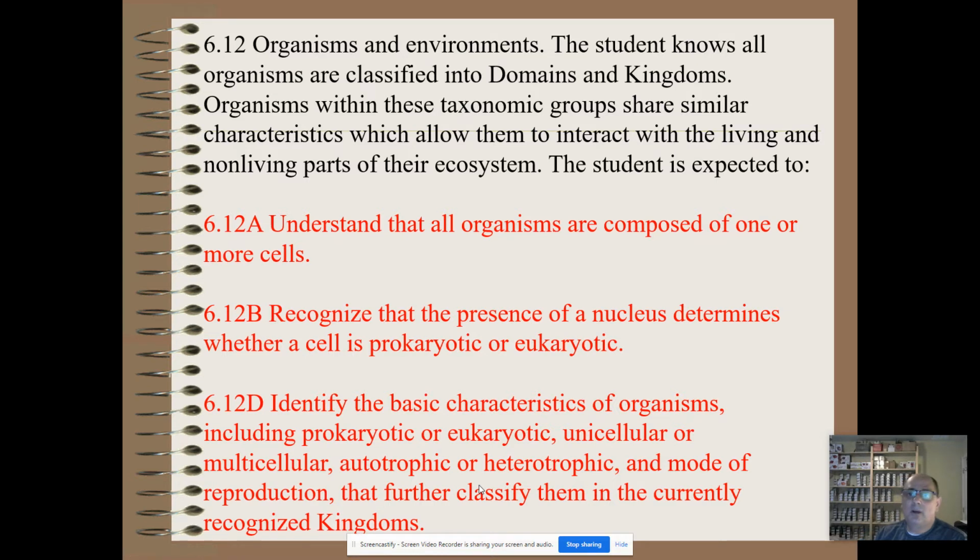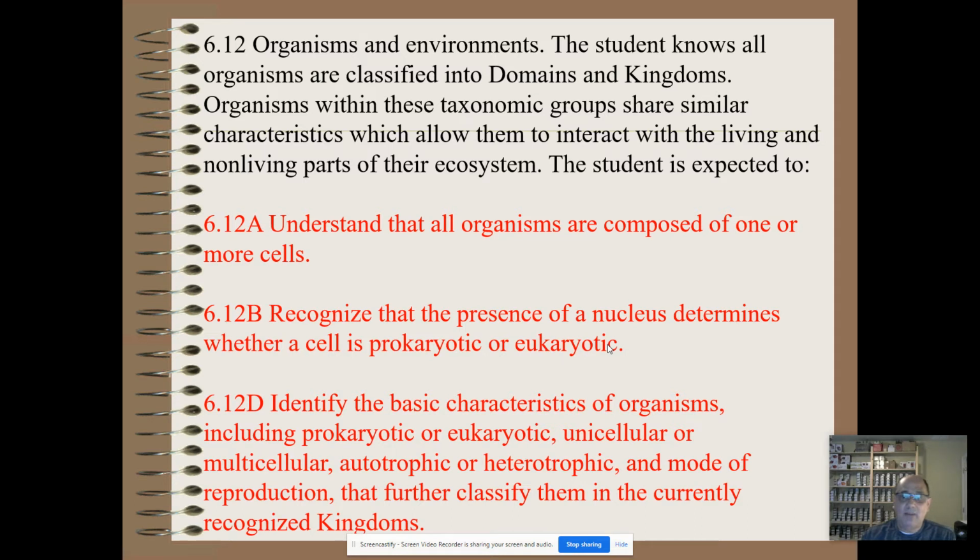So this is what we're going to review today. We're going to understand that all organisms are composed of one or more cells, right? We're going to recognize that the presence of a nucleus determines whether a cell is prokaryotic or eukaryotic. We're not going to cover this today. Miss Young is going to cover this with us on Friday, tomorrow.